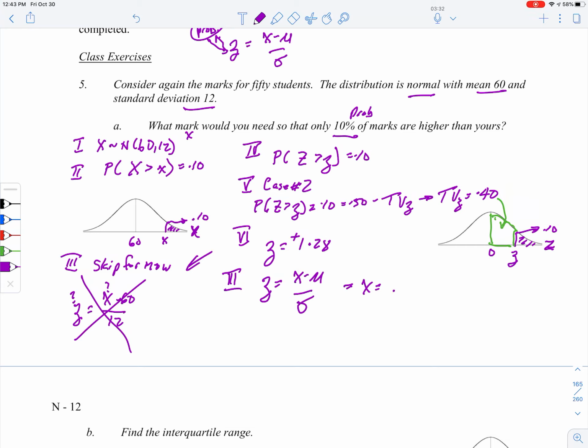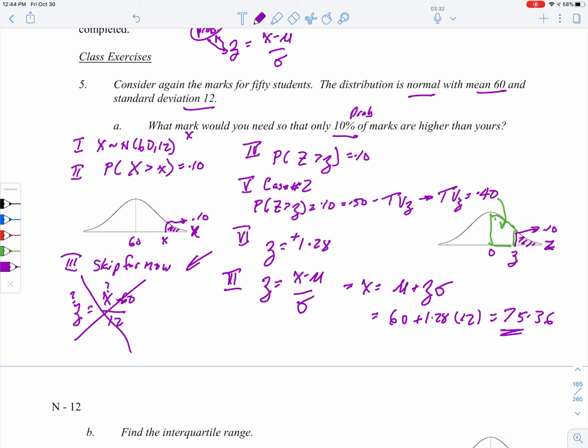If we take the mu over and multiply by sigma and then bring the mu over, that's what we would end up with. So I'm just solving for x here. So x is going to be equal to 60 plus 1.28 times 12.